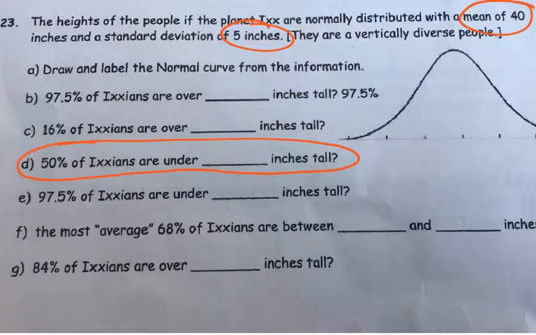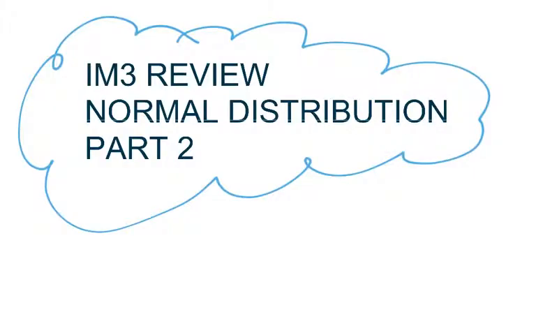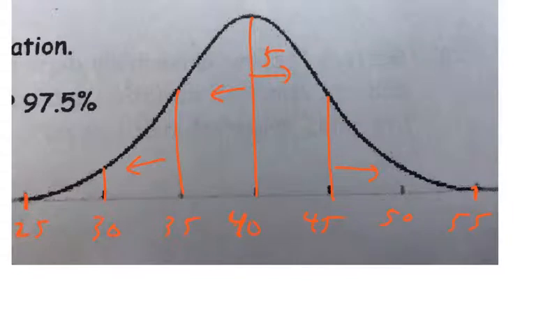50% of the Ixians, or whatever they are, are under what value? Remember, guys, the mean right here is the middle. So this is my 50% mark, right?